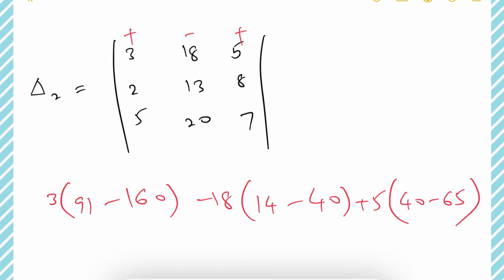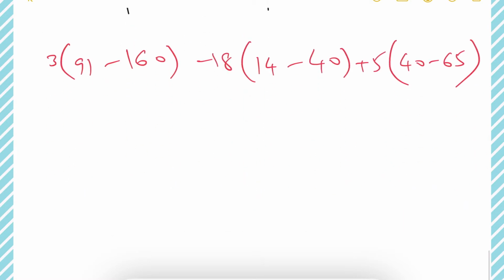Let us simplify this now. 3 into 91 minus 160, minus 69.